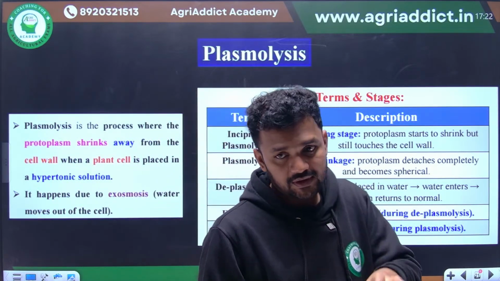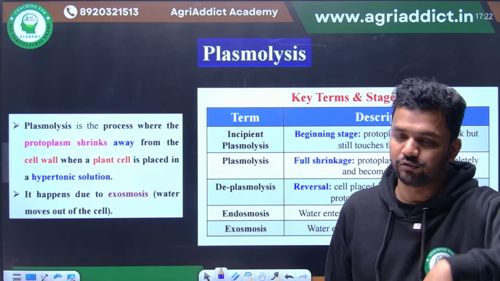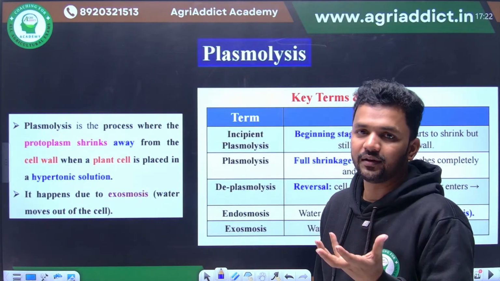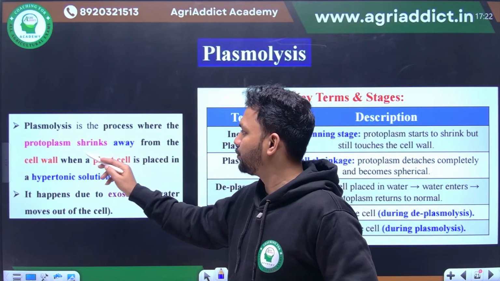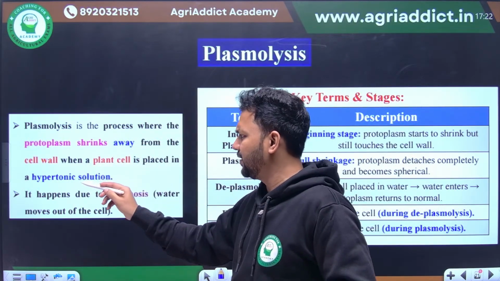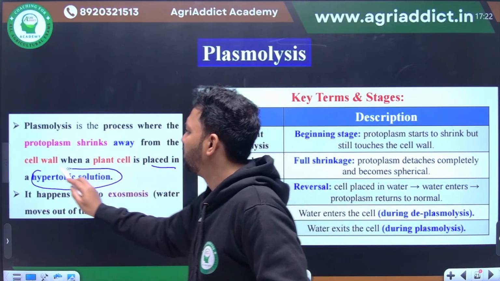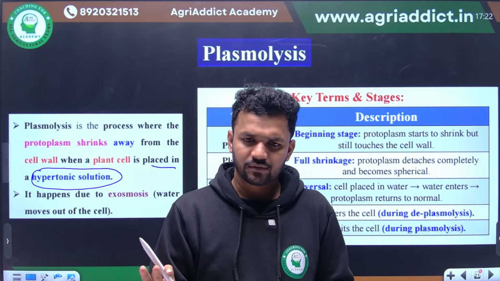So plasmolysis can be caused by placing the cell in a hypertonic solution, hypertonic as compared to the cell. Okay. So plasmolysis is the process where the protoplasm shrinks away from the cell wall when a plant cell is placed in a hypertonic solution. Do you understand hypotonic, no?